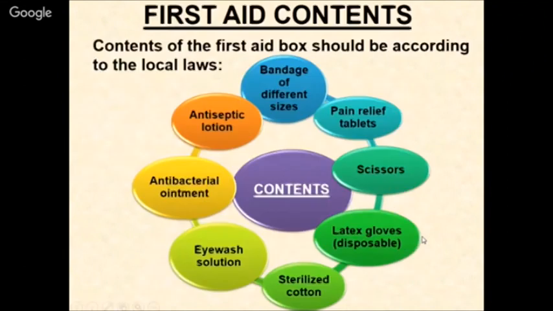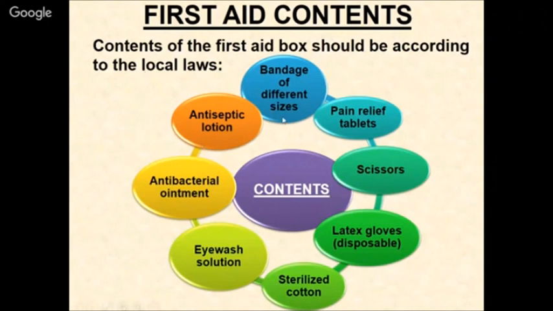Okay. So the contents usually in the first aid box should be according to the local laws, because it depends upon different places. They have different laws in place, and as per the law, different content has to be kept in the first aid box. Okay.